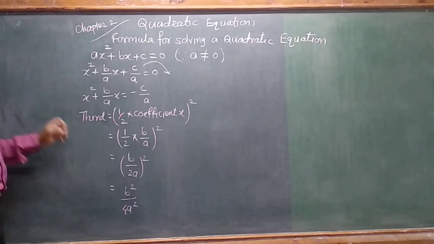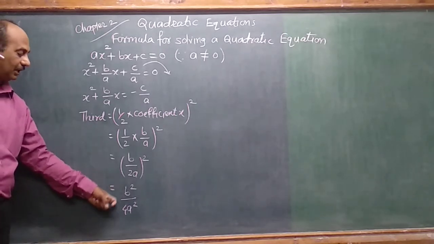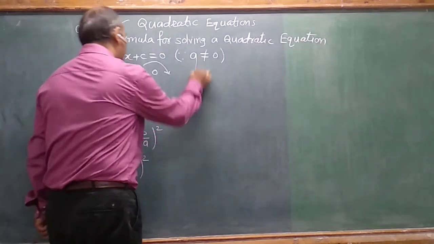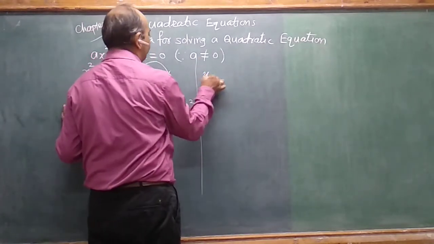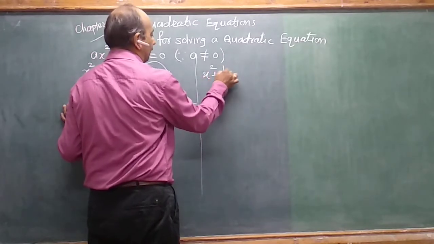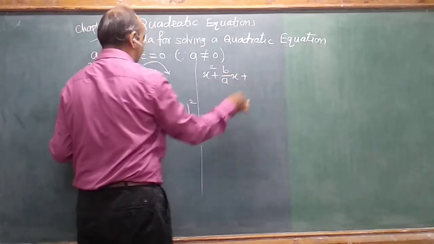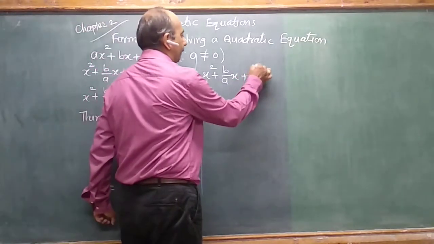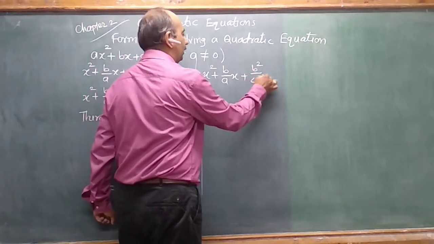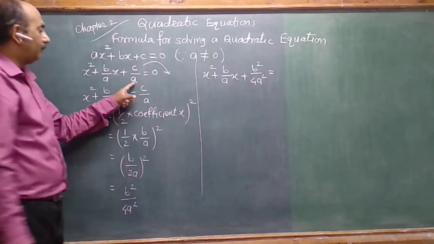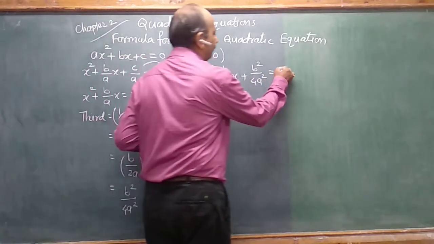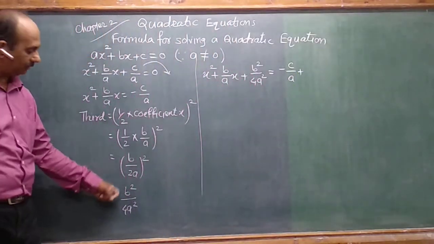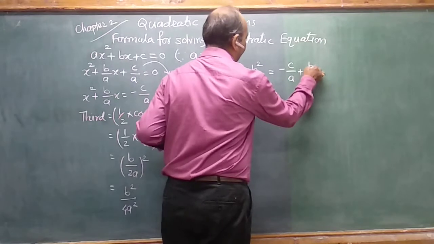Okay. Now add this b square upon 4a square on both sides. So what you will get? You will get x square plus b upon a x plus b square upon 4a square is equal to minus c upon a plus this b square upon 4a square.